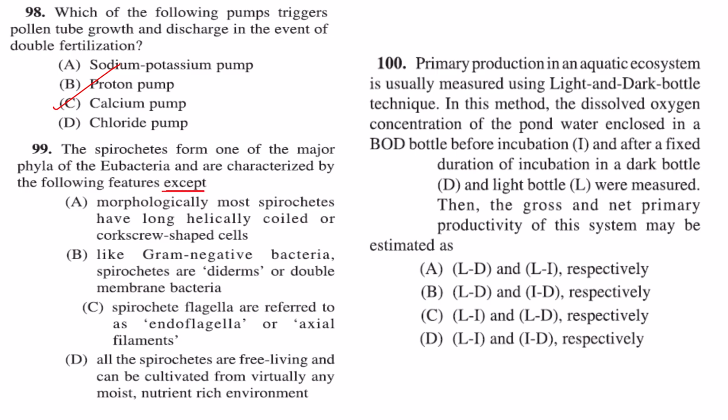They have asked are characterized by following features except. All the spirochetes are free living and can be cultivated from virtually any moist, nutrient rich environment. So that's not correct. All spirochetes are not free living. There are parasitic and symbiotic ones also. So option D is the right answer.